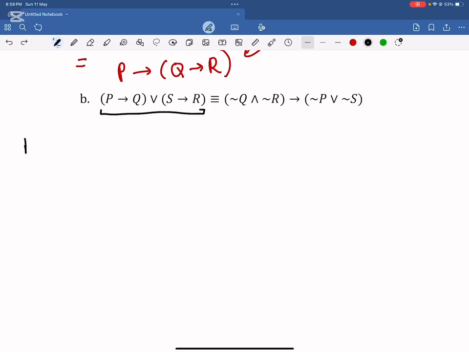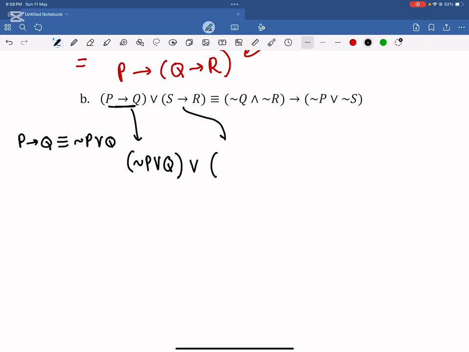I can use this: P implies Q is equivalent to not P or Q. So this can be not P or Q, or this can be not S or R, okay?